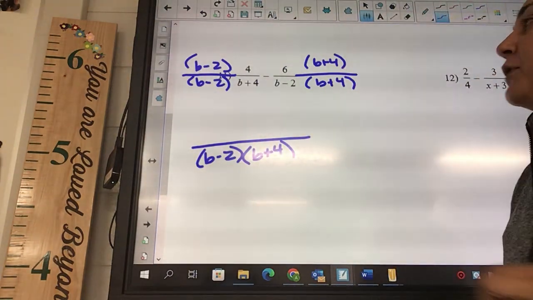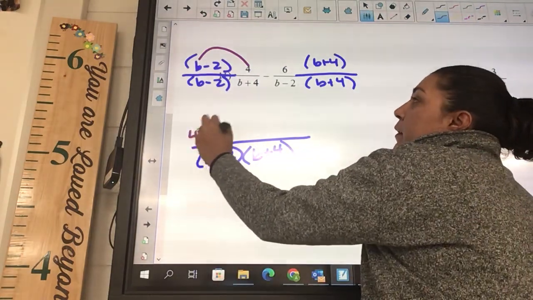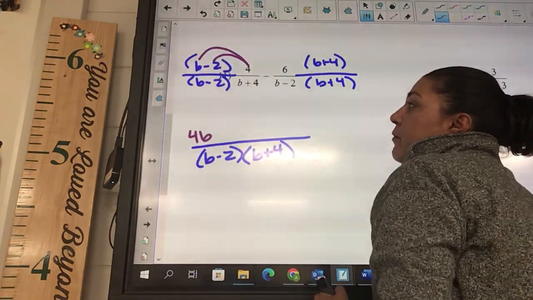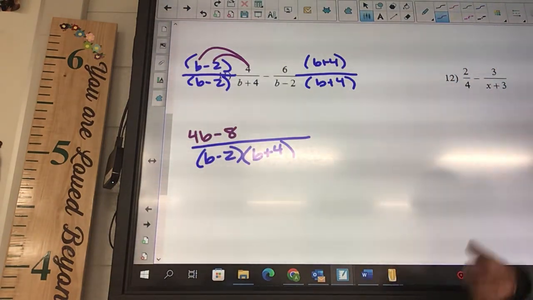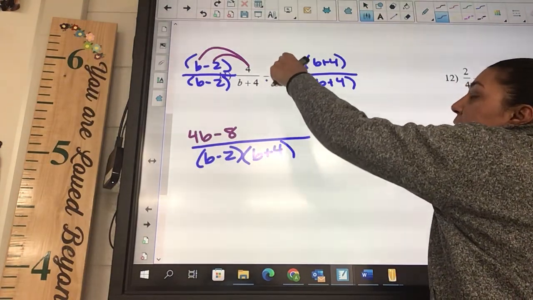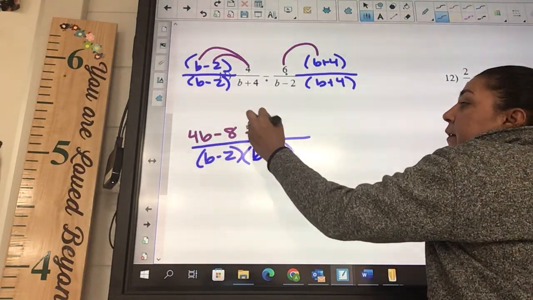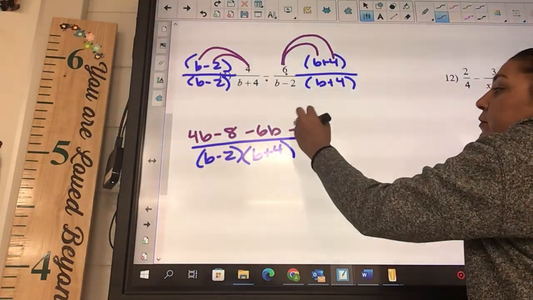Okay, for the first one, I'm going to get 4 times B. 4B. 4 times -2. -8. Okay. Number 11 is a subtraction problem. So we're multiplying everything by this plus that negative. So -6 times B. -6B. Good. And -6 times 4. -24.